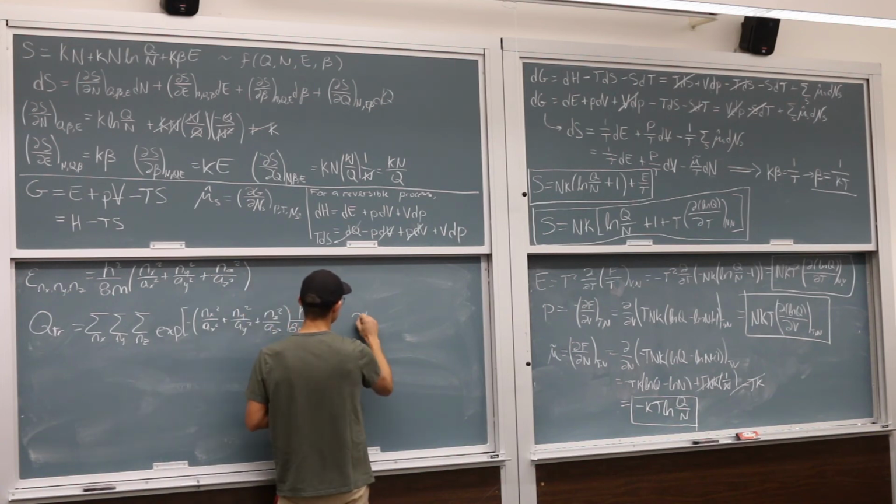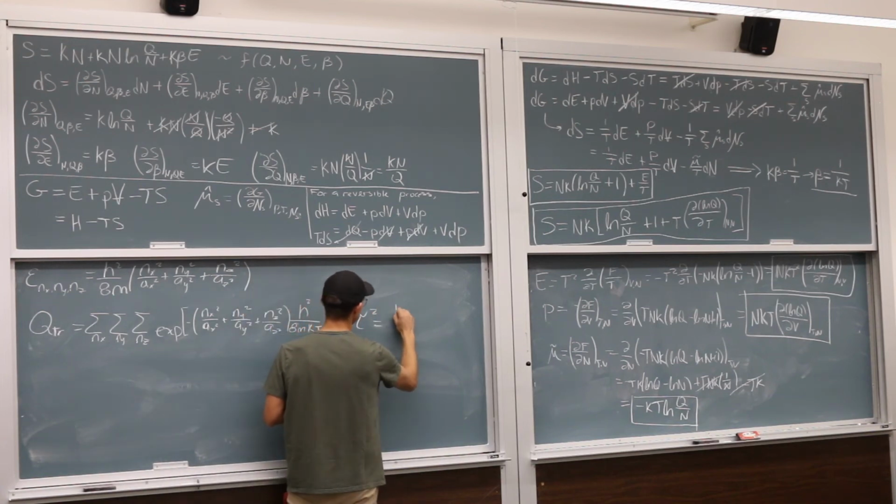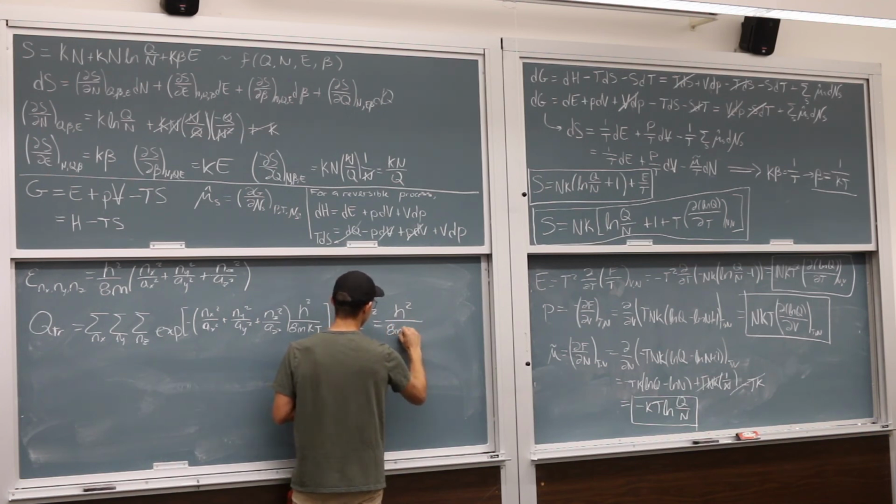Now let's, for simplicity, say that tau squared is equal to h squared over 8mkT.